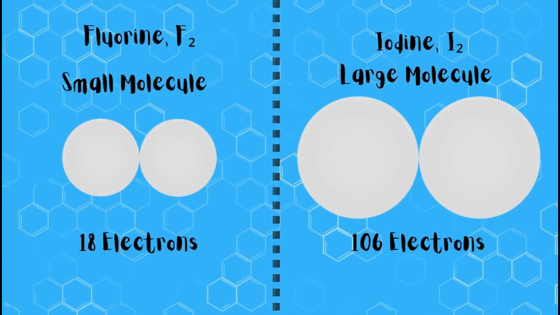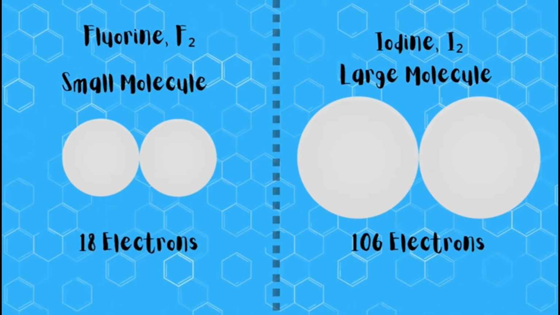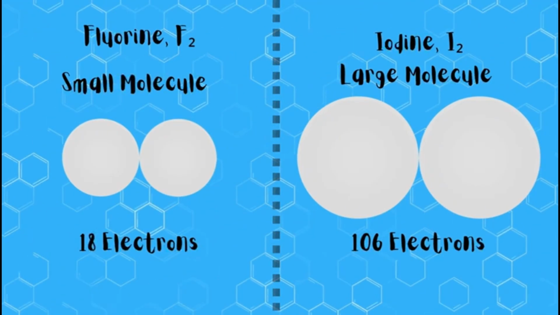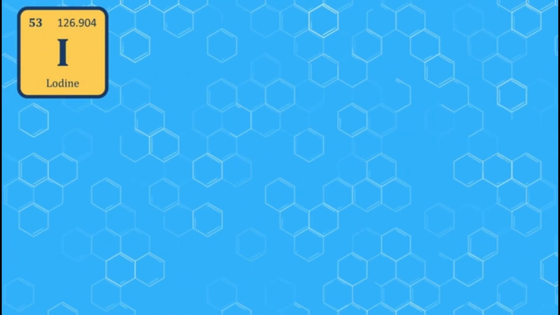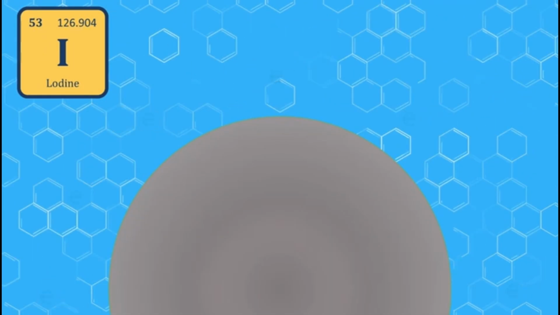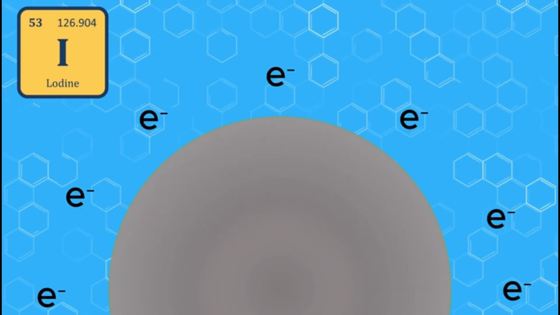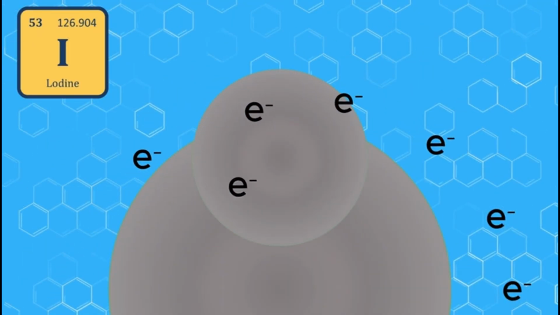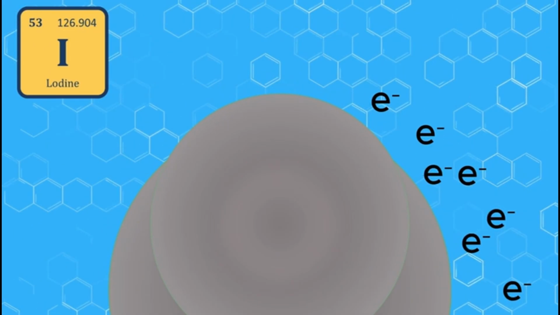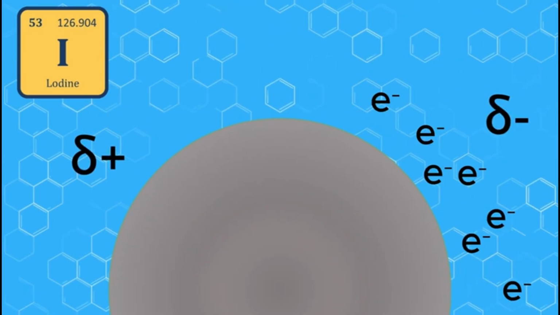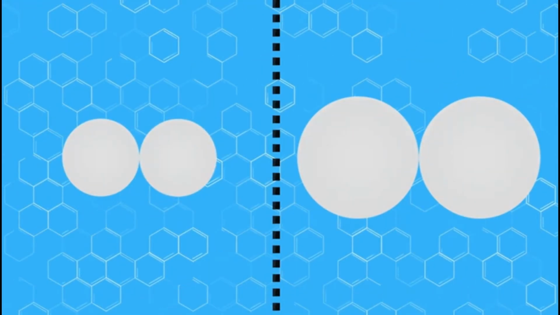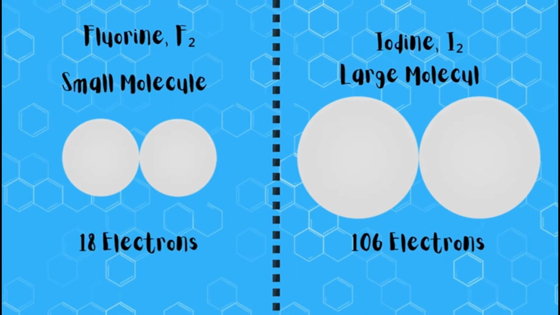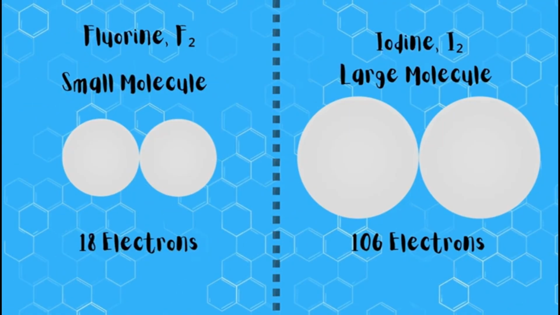Now compare fluorine, F2, and iodine, I2. F2 is small, while I2 is much larger. In iodine, the outer electrons are further from the nucleus and are held less tightly, so the electron cloud can be shifted more easily. That means iodine has higher polarizability. Also, F2 has 18 electrons, while I2 has 106 electrons.